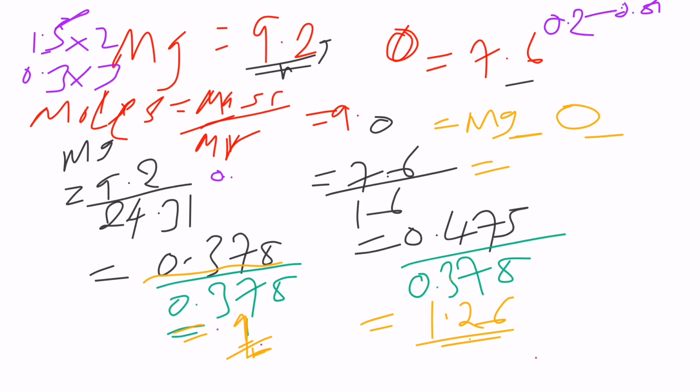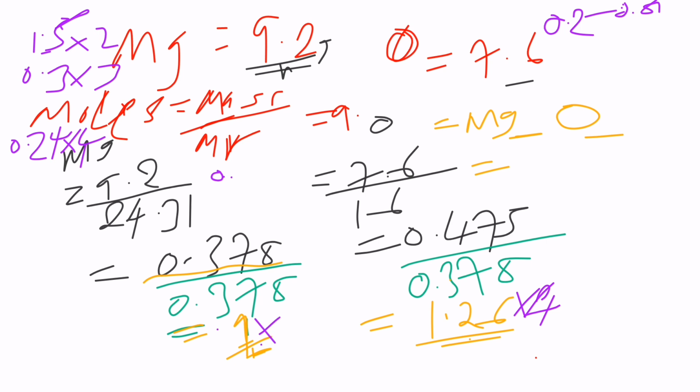If it gives you closer to 0.25, you multiply by 4. Here it gives us 1.26, which is closer to 1.25, so we multiply by 4.